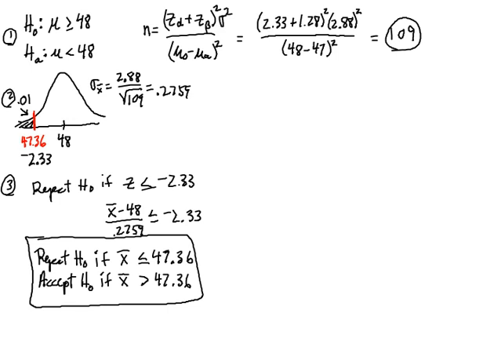Question 4, what if the sample size calculated for the decision statement yielded a sample average of 47.5? What would be the conclusion of the test? Well, if we took a sample of size 109 and the sample average turned out to be 47.5, then we would accept the null hypothesis.